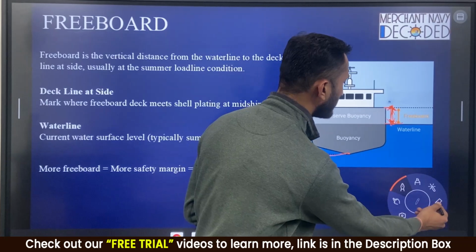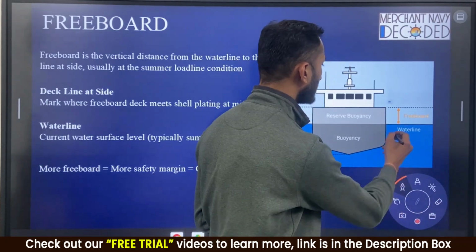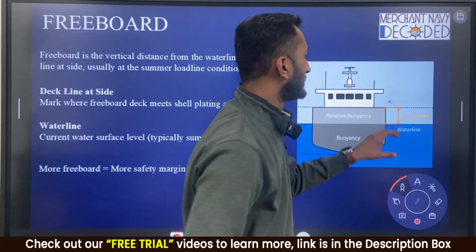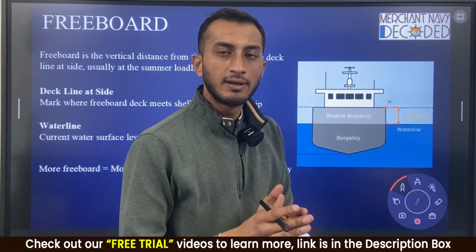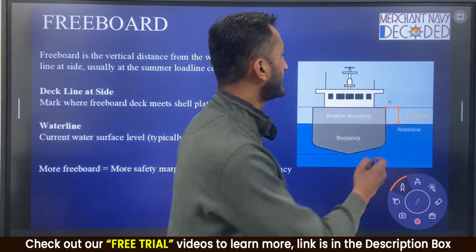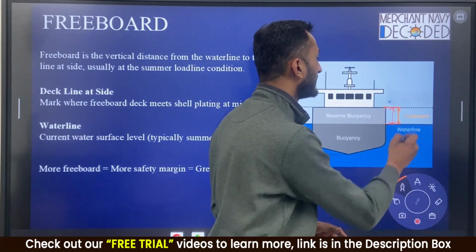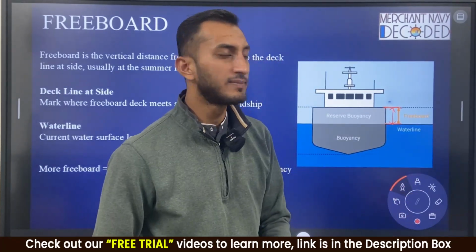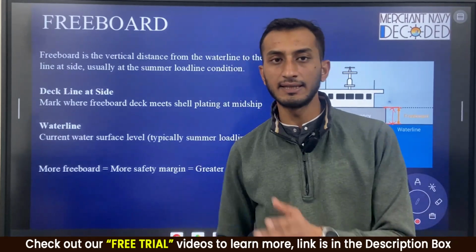That's why it is named the freeboard deck. It is again taken at the midship, nowhere else.